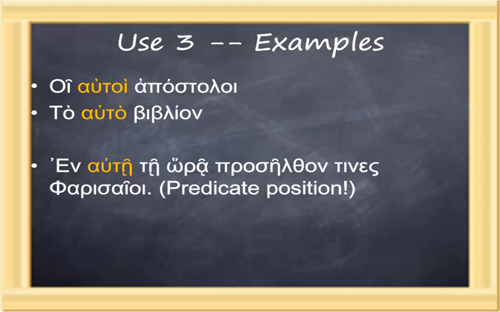The following quote: "Some Pharisees came to him," understood. Would that be in the hour itself or in the same hour? Even though this is in the predicate position, the use of autos probably should be translated with the identical adjective same. In the same hour, some Pharisees came.